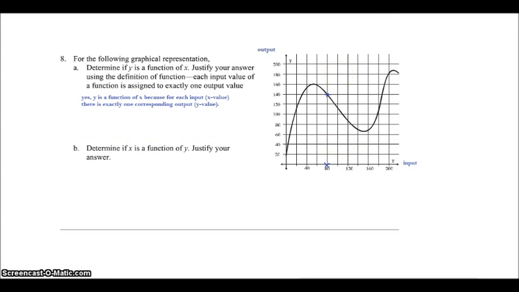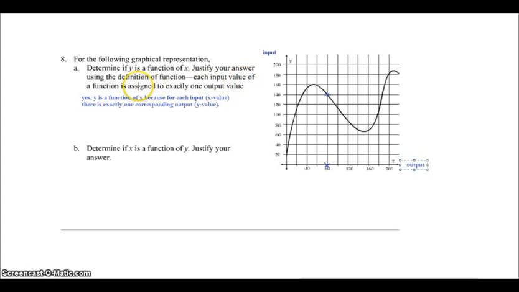Justify your answer. So the answer is no. Why is x not a function of y? Well, if we say x is a function of y, it means y is the input and x is the output. So y is the input, x is the output. And let's look again at this function definition.